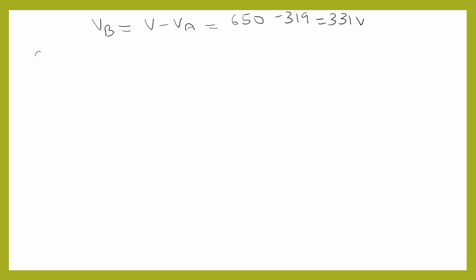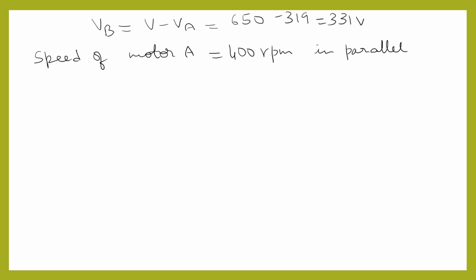The speed of the motor A is 400 RPM in parallel connection, that is at a voltage of 650 volts.